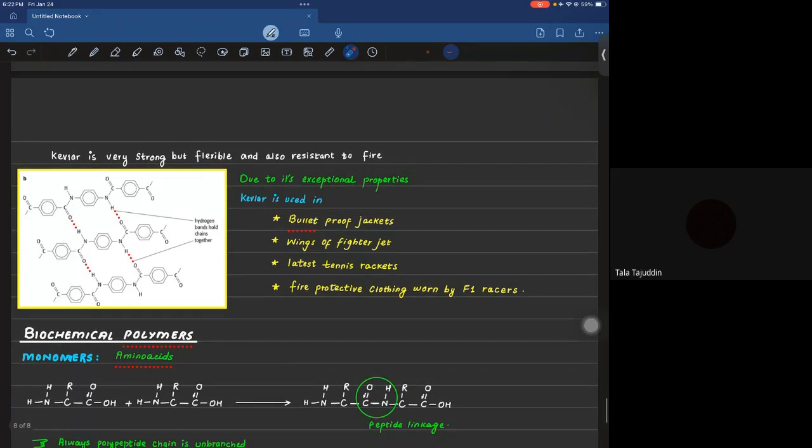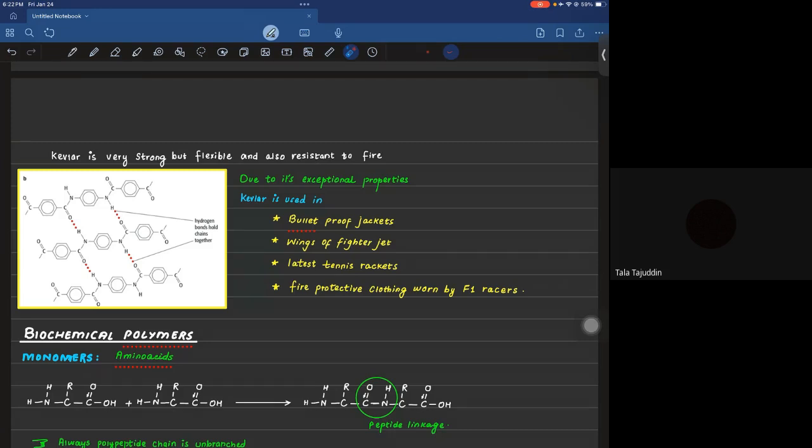So Kevlar is used in bulletproof jackets because it's very strong due to hydrogen bonding. If you want to break it down, you would not be able to, because a lot of bonds are over there. How can you break this? You would be breaking one bond, two bonds, three bonds, four bonds, a lot of bonds.